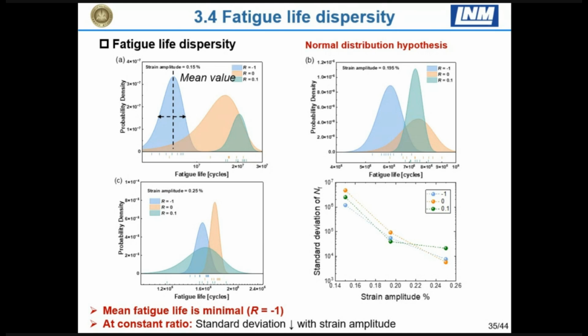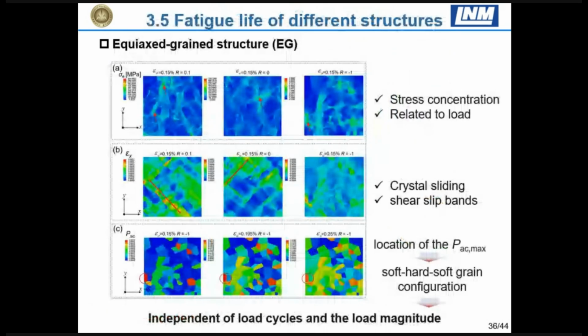If the stress is very low, then both stress and the microstructure will work on fatigue lifetime, so it makes the scatter more complicated. It's larger. And of course, we also compare fatigue lifetime at the different stress ratios here. These observations are in good agreement with the experimental observations.